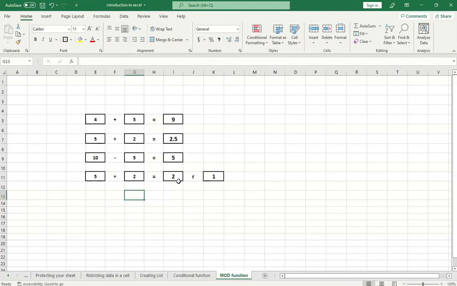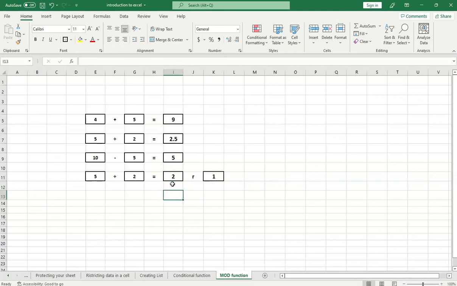That would mean that this is the number of times this number went into this number, and we use the quotient function. And what will remain after this number had gone into the numerator, we use the mod function.